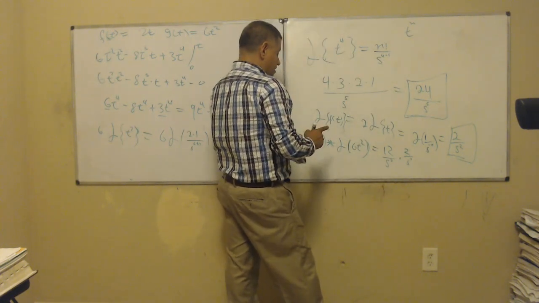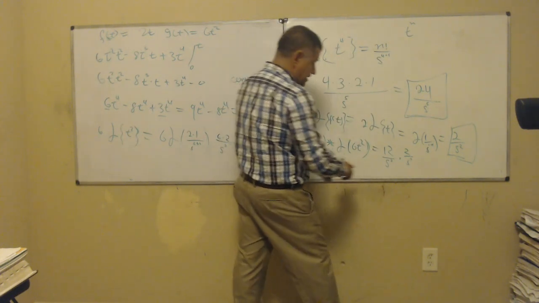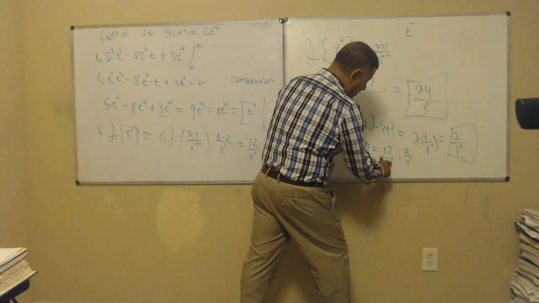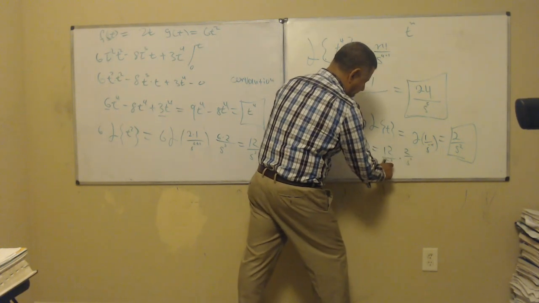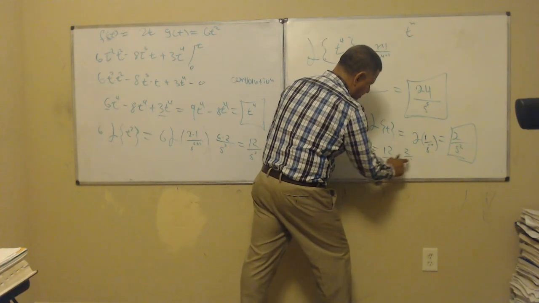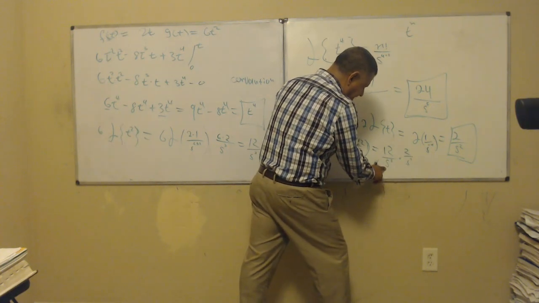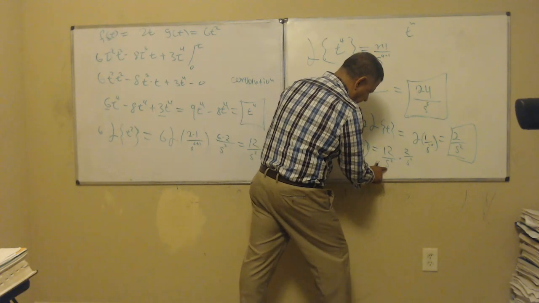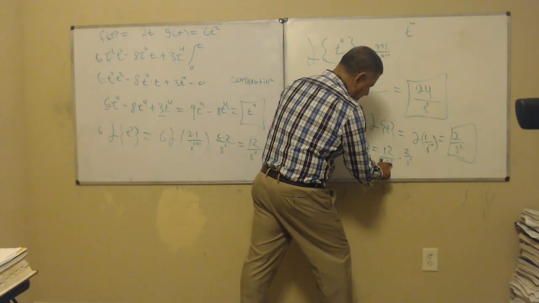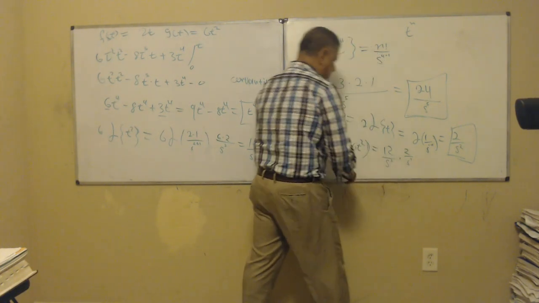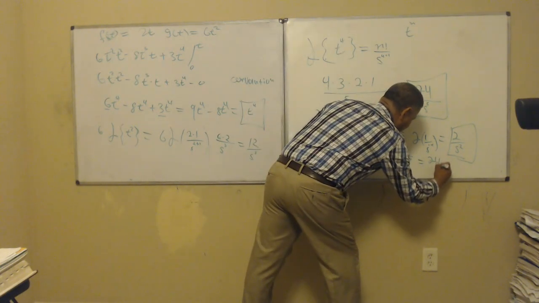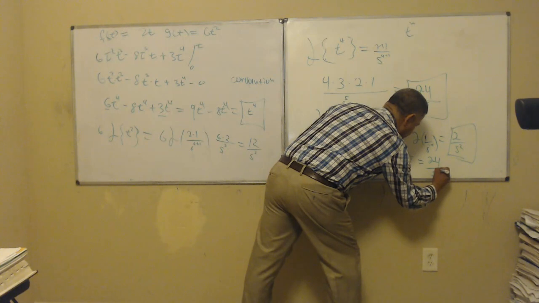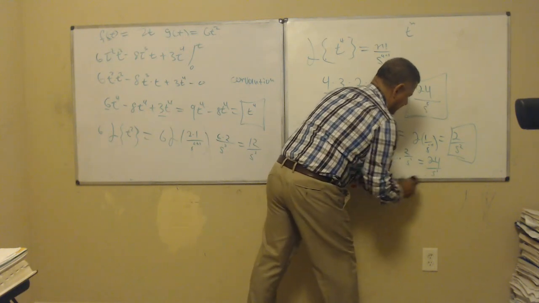When you add the exponents, s cubed and s squared, the exponent is s to the fifth. Base and base are the same, and the exponents are different, but you can add them. So that is going to be equal to 24 over s to the fifth.